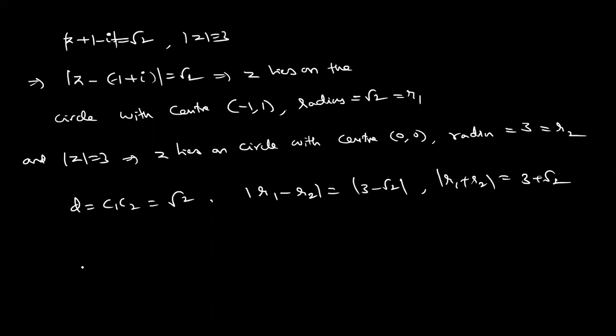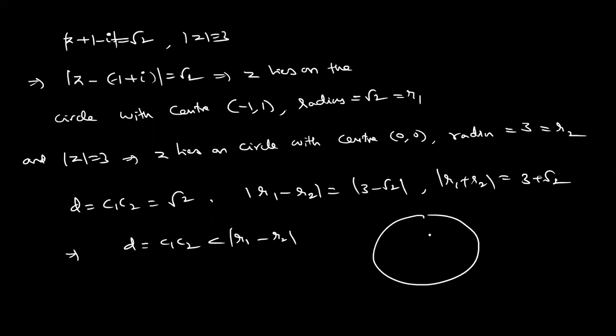So what you are observing clearly is that the distance between centers C1C2 is less than R1 minus R2. Then what is the meaning here? One circle lies completely inside the other circle. That means these two circles are not intersecting. Then what can you say? The number of solutions is 0.